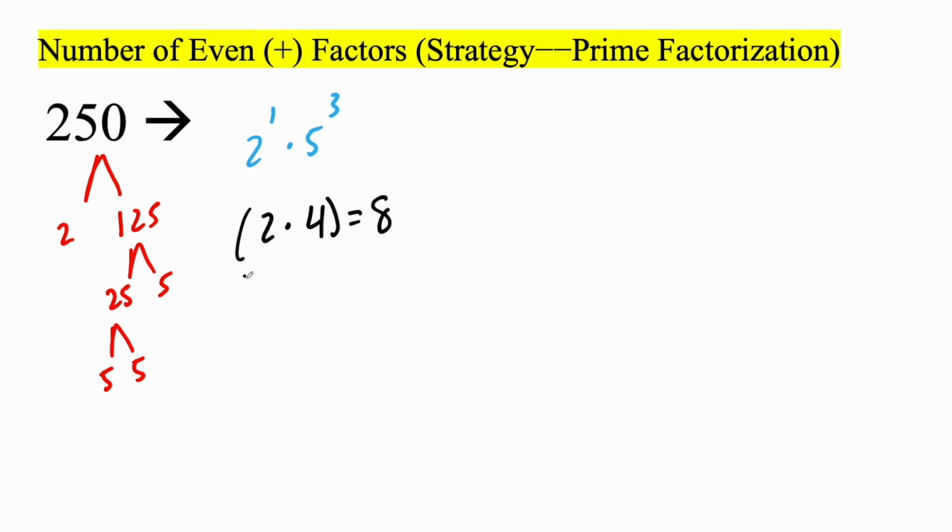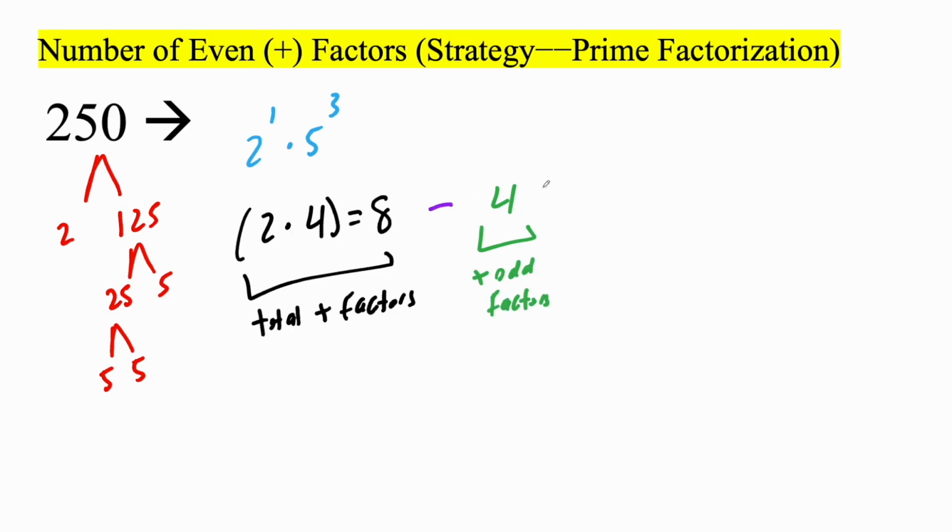This gives you the total number of positive factors. And to get the total number of odd factors, this piece is even, so we don't use it. This is odd, we use it. So we do 3 plus 1, we get 4. And so we have 4 positive odd factors. If we subtract, we get 4. So we'll have 4 positive even factors.